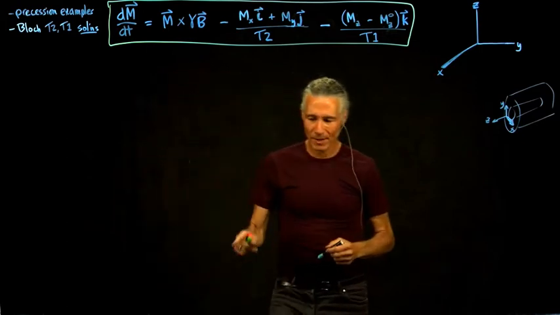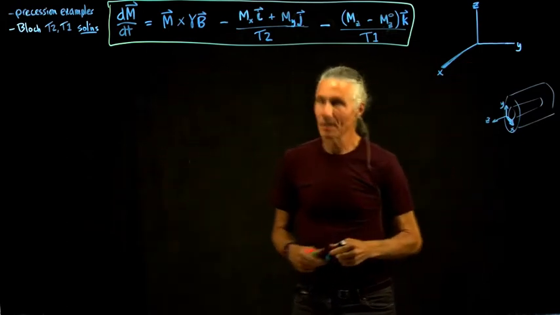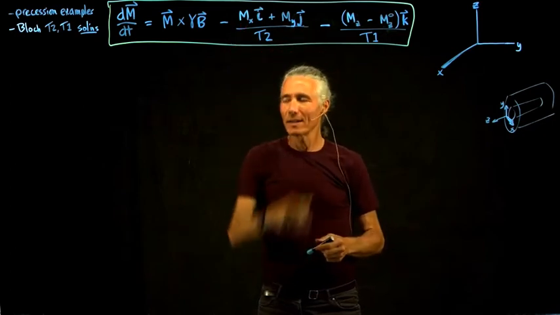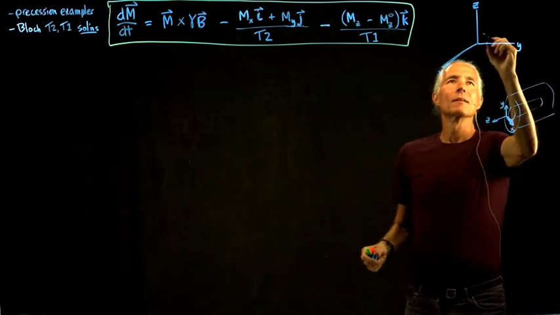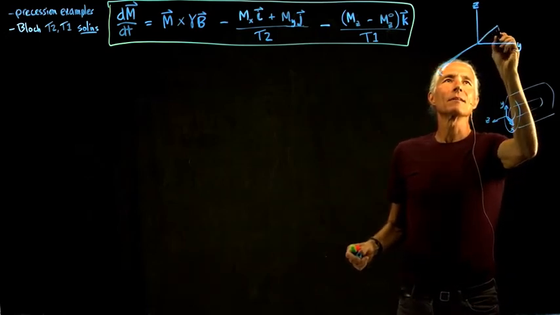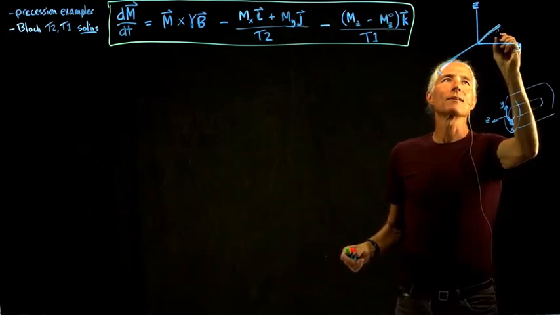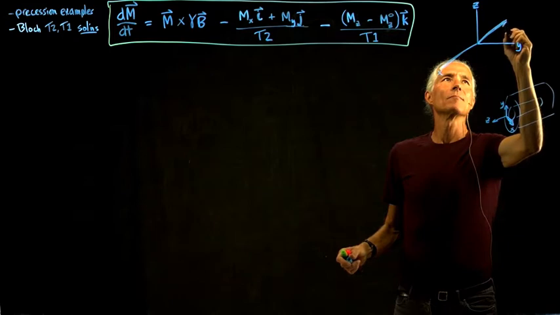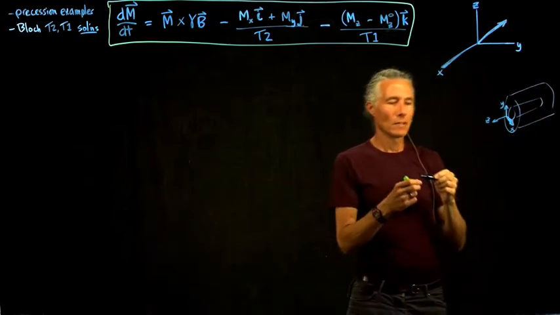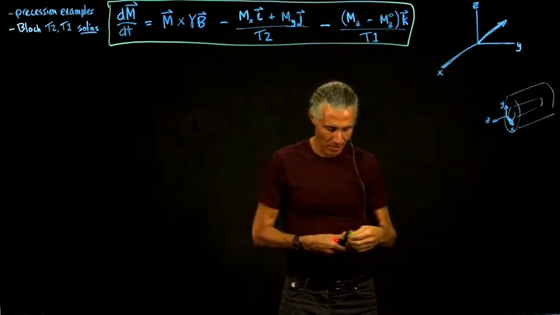Before I do that, though, I meant to tell you what mx and my and mz are. Basically, if you have some vector here, a vector coming out at you a little bit, say that's some m vector. Think of it as coming out toward you.